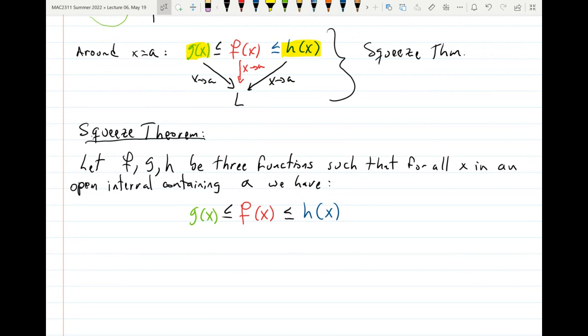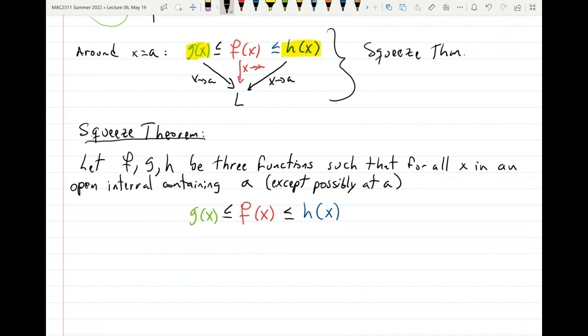Remember, the whole point is around a. So for all x in an open interval containing a, except possibly at a itself. As long as around a, we're good.